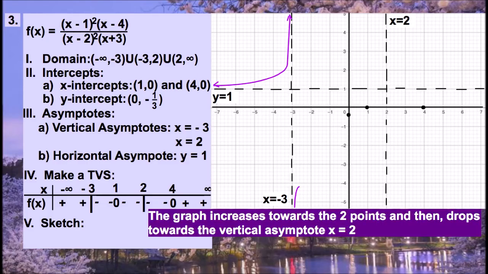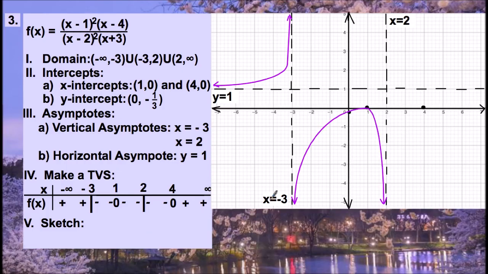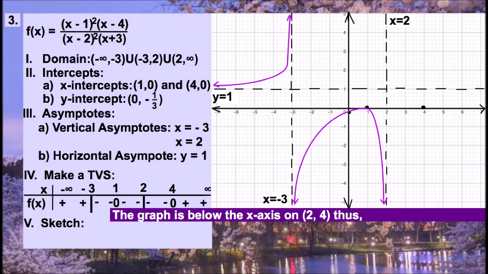The graph increases towards the 2 points and then drops towards the vertical asymptote x equals 2 because the function is negative on open interval 2 4. So it goes up, hits the intercepts, and then back down.